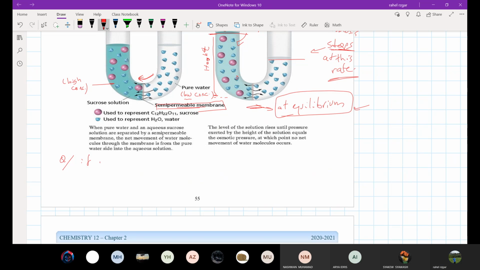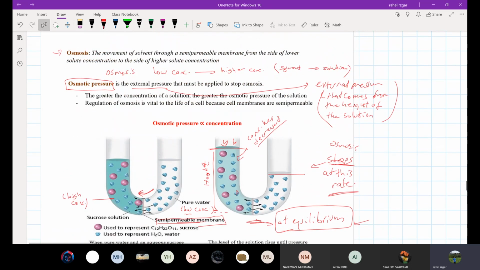If in osmosis the solution concentration is increased, then what will happen to the height of the solution side? Before we answer that question, let's go over these two rules.